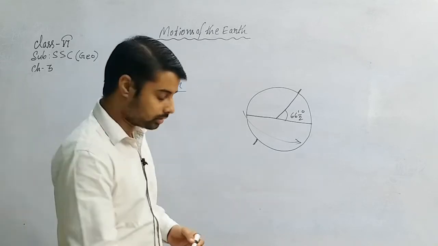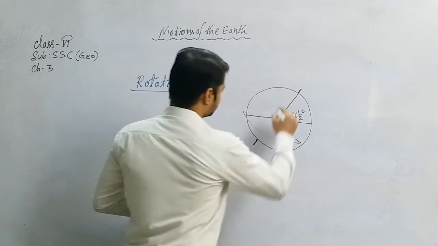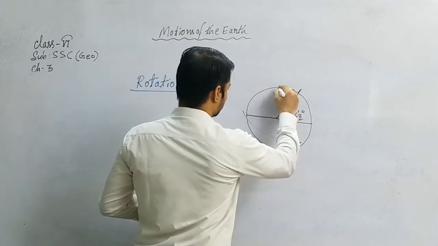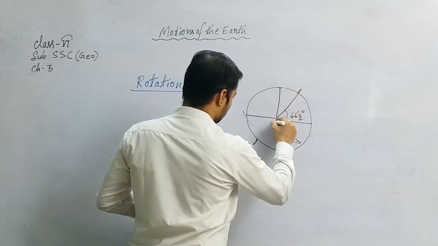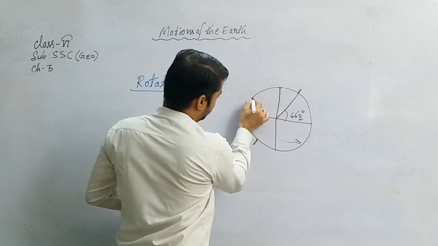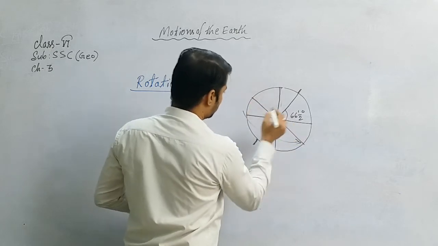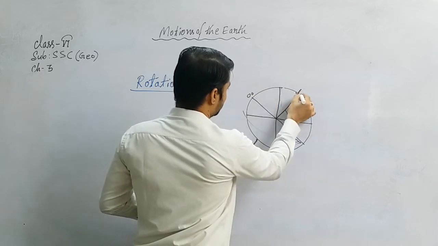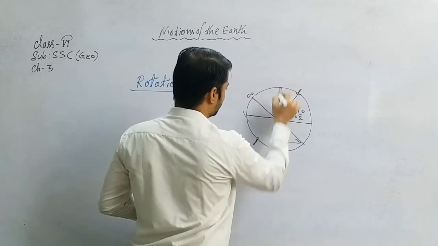So if we draw the picture, I am also drawing the equator, and these are the poles, north pole and south pole.